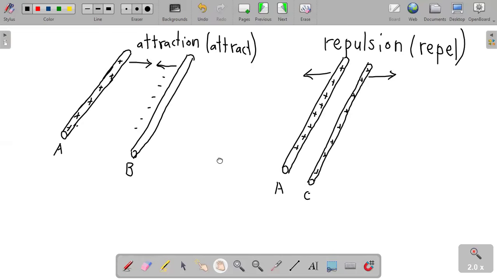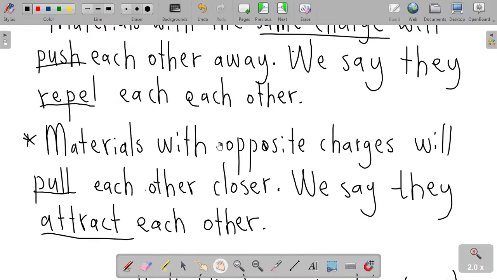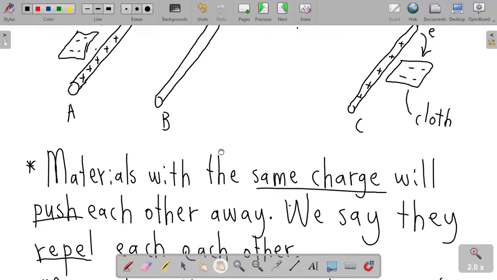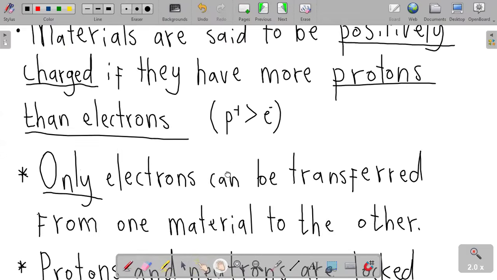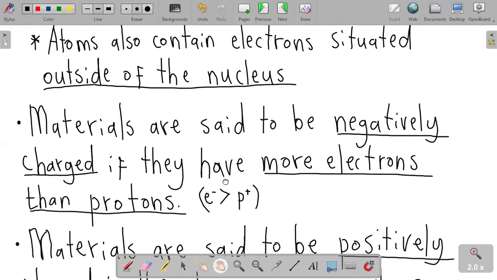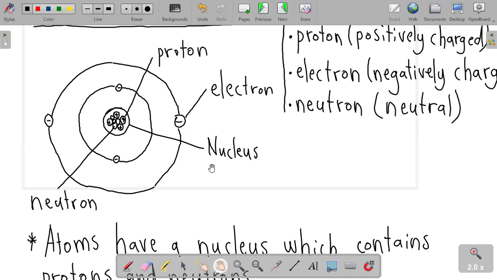And so it can be an object or it can be an atom. The electrons can also be transferred between atoms. So they can move from one atom to another atom.